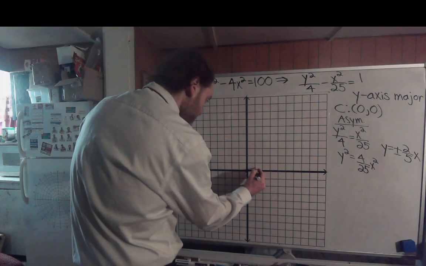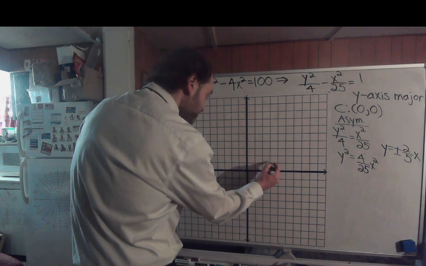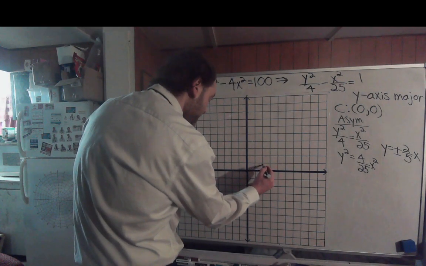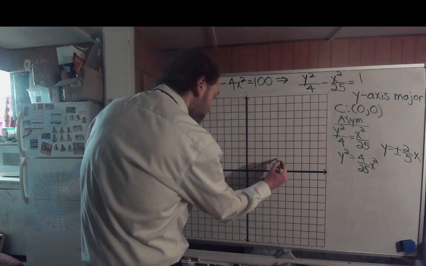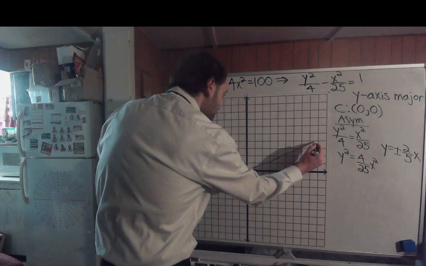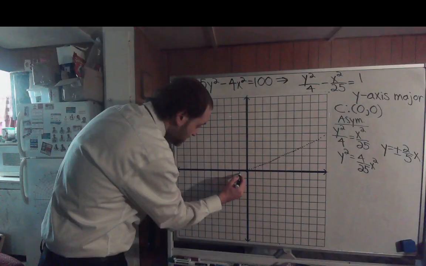So there's 2/5. We're going to do the plus 2/5 asymptote first. Alright, so let's go ahead and plot this asymptote, the plus 2/5 x.